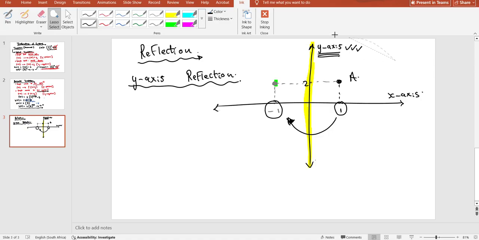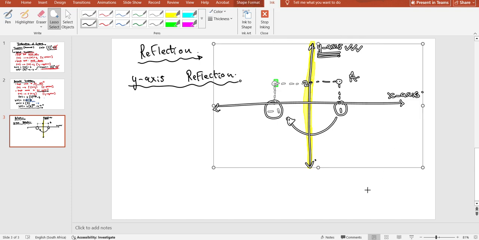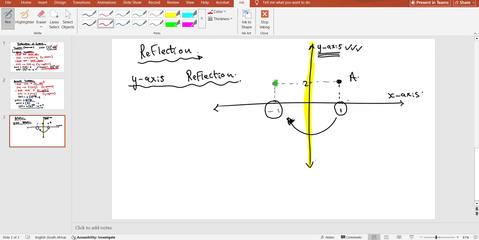So let me put this away, and it's the same with the x-axis. Maybe before I put it away, let me talk about the x-axis. If I was reflecting the same A about this x-axis line, then this new A would be forming down here. And what would have changed with the A? The x coordinate of the A would have stayed the same, but the y coordinate of that guy would have changed.